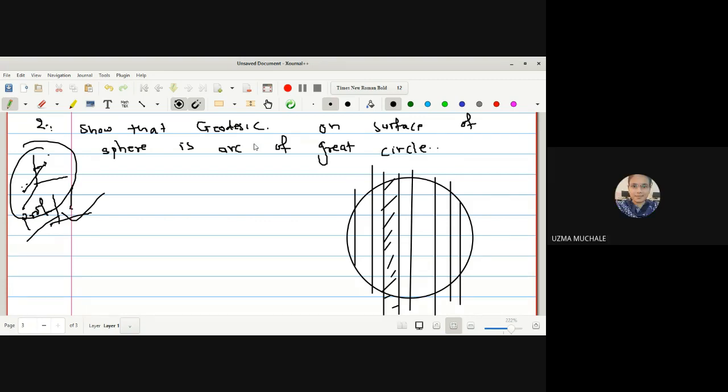What do you get? Yes, someone told me what we get. Hemisphere. Semisphere. Okay. Yes, anyone else want to say?